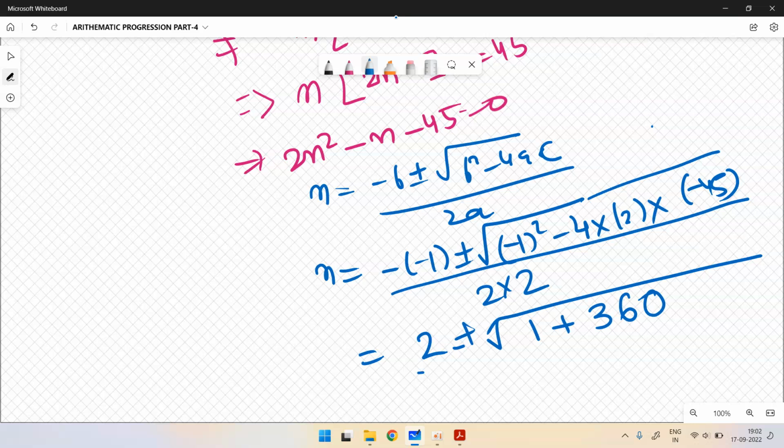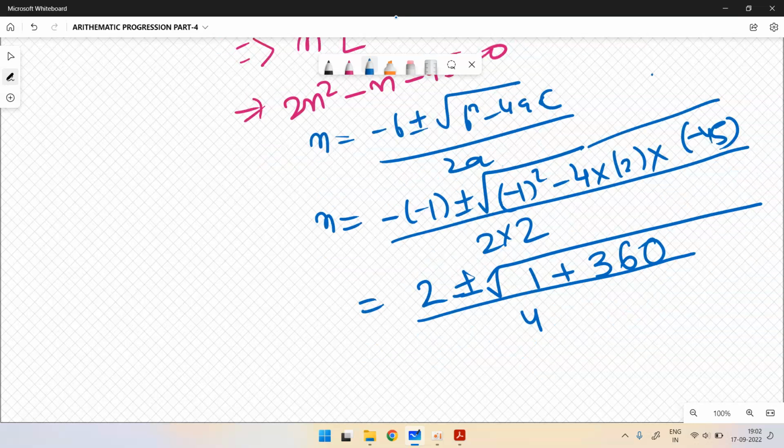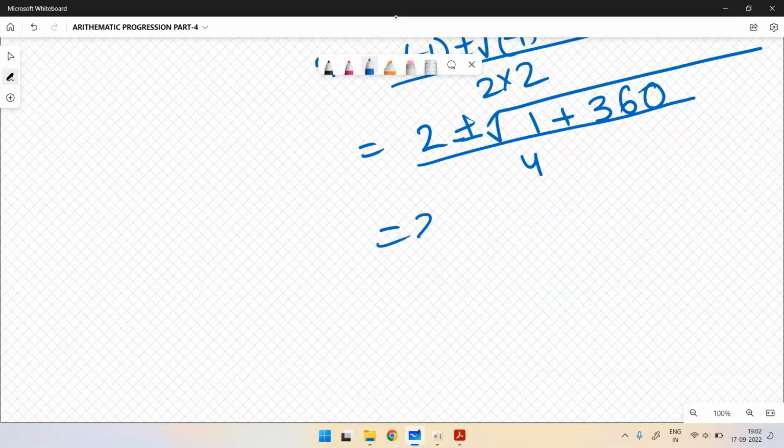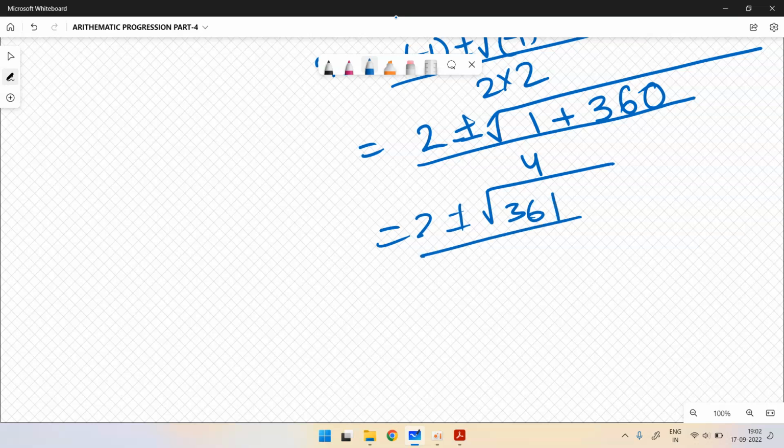If you solve this, this is 2 plus or minus under root 361 by 4, and this is 19 square.